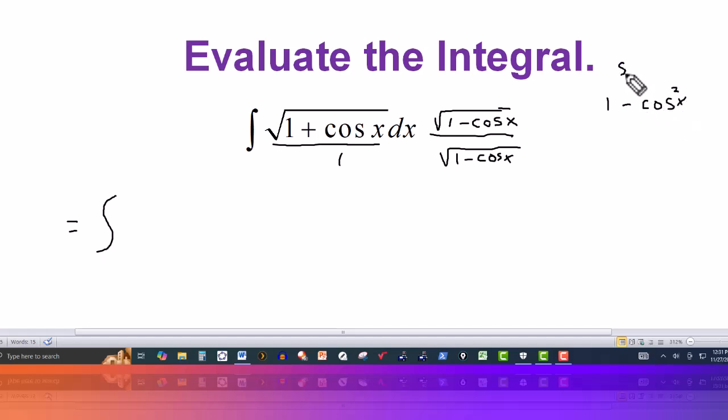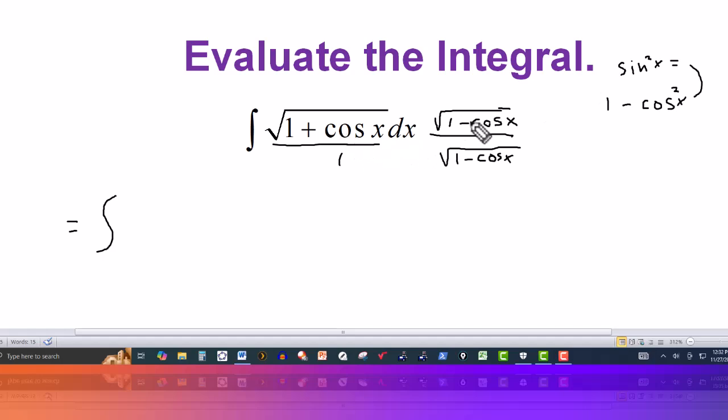But this you should recognize as sine squared, because we know that sine squared plus cosine squared is equal to 1. So I can replace the 1 minus cosine squared under the radical by sine squared.